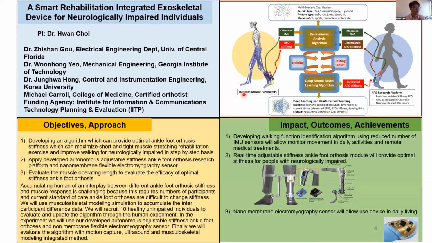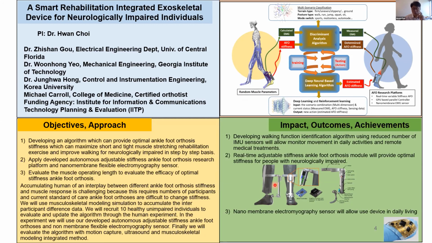So what we're trying to do is we're developing a platform which changes the stiffness automatically, so that we can provide the instant level of customized stiffness to the patient, so that the patient can improve the walking function dramatically.